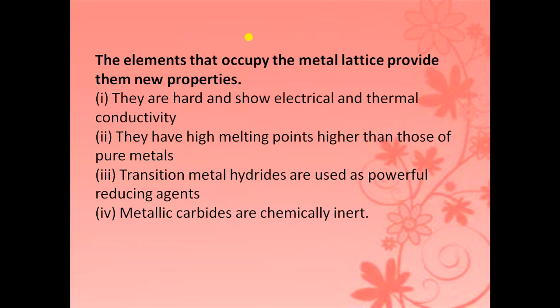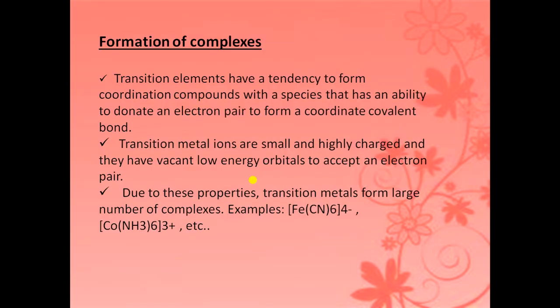What properties do the newly formed interstitial compounds have? They are hard. Electrical and thermal conductivity increase. And their melting point increases compared to the parent metal. Transition metal hydride acts as a powerful reducing agent. And metal carbides are chemically inert in nature.